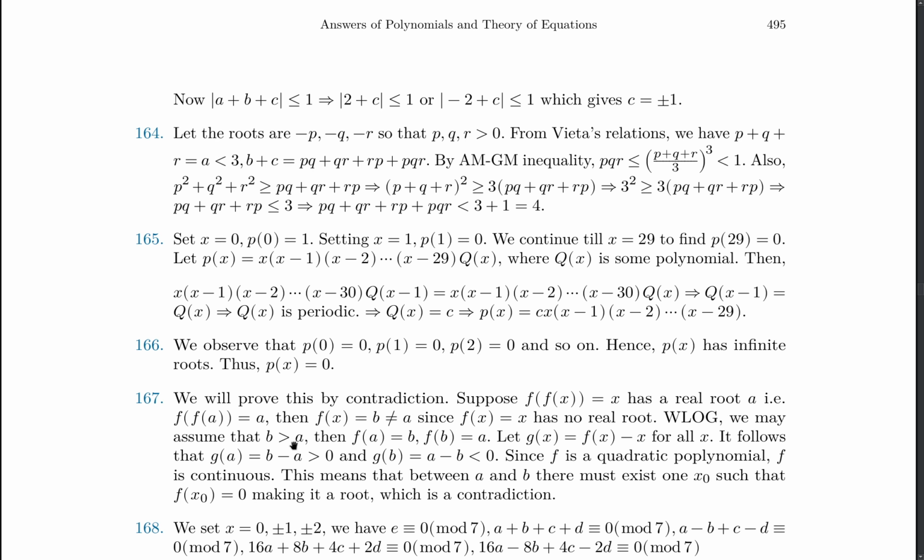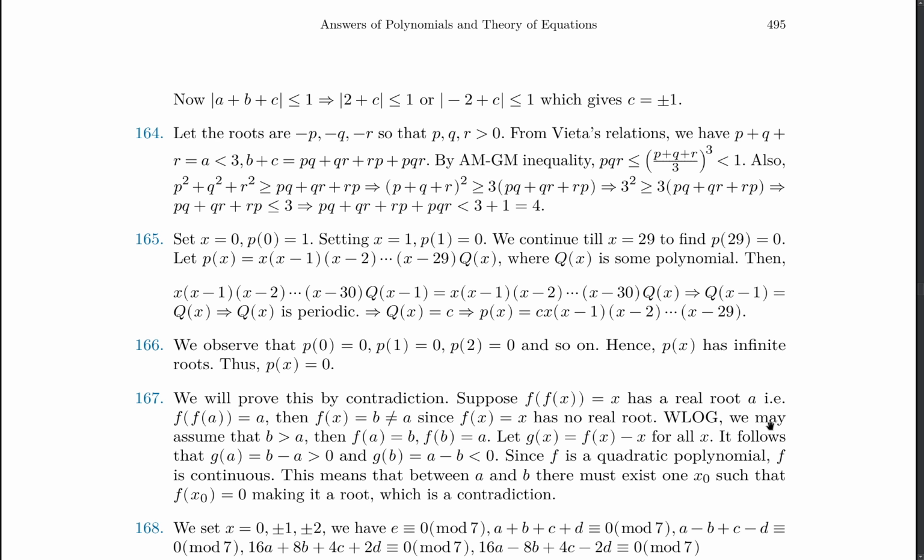So what will happen is f of f of a is equal to a. Now suppose that f of a is equal to b, then it won't be equal to a, because f of x is equal to x has no real roots.